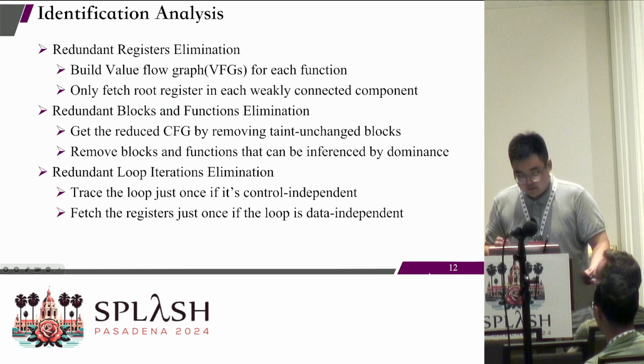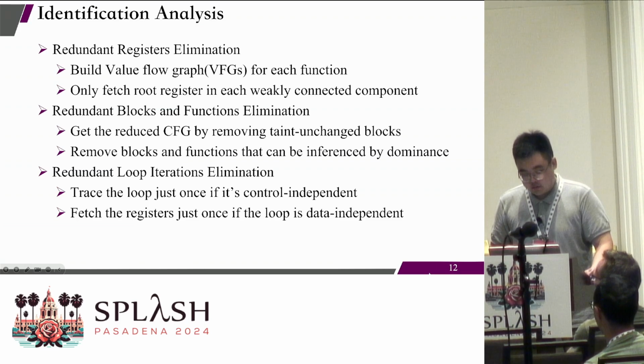Only a few basic blocks and functions are relevant to the taint, so we can get the reduced control flow graph by removing taint unchanged blocks. And on the other hand, if one basic block is recorded, the execution paths of other blocks could also be inferred if there are dominance relationships between them. So we can also remove the blocks and functions that could be inferred.